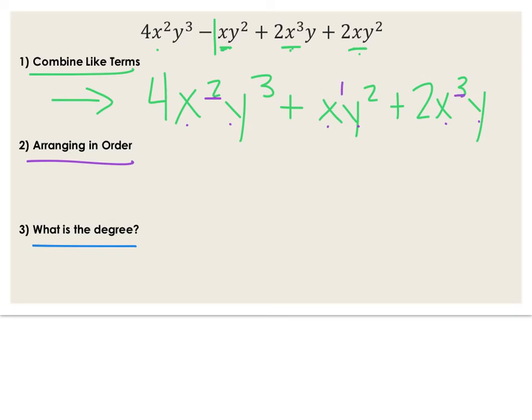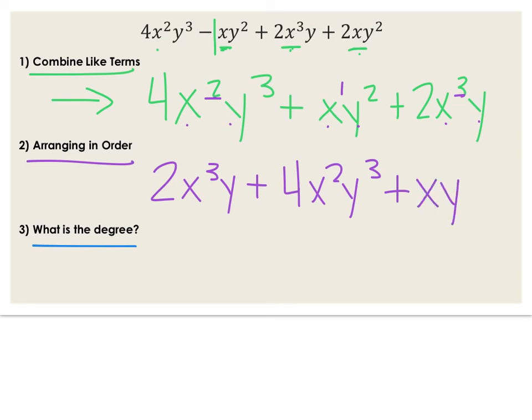The one with the biggest exponent needs to be written first. So in order, this polynomial would look like this. He would come first because 3 is biggest. Then the 2 would come next, so it's 4x squared y to the third. And then last but not least is the x that has the power of 1. And so this is that polynomial in order.